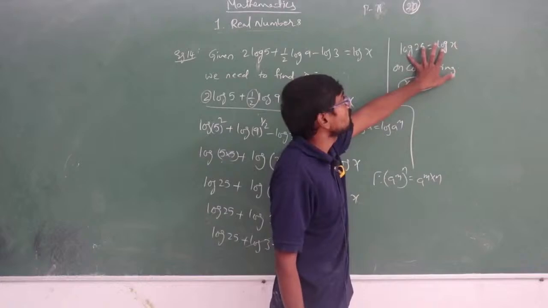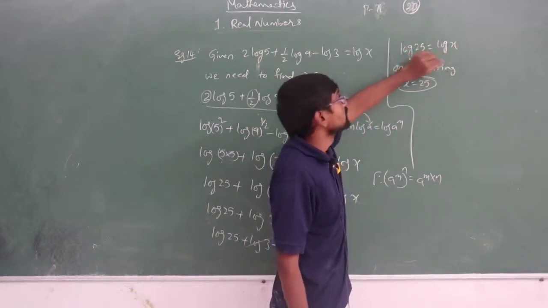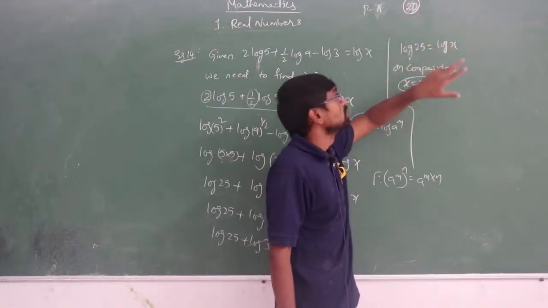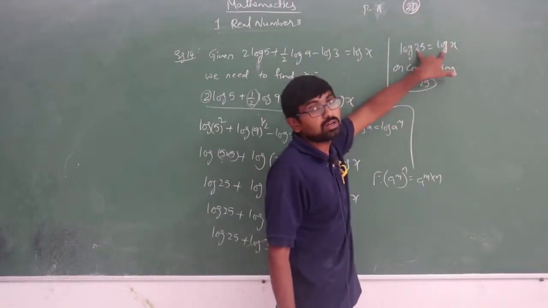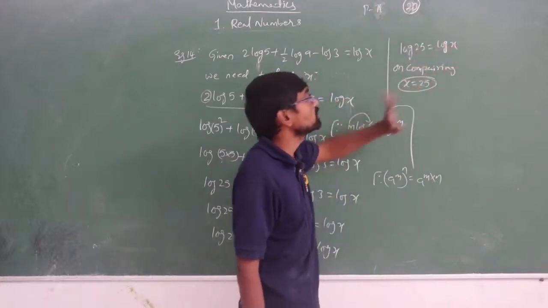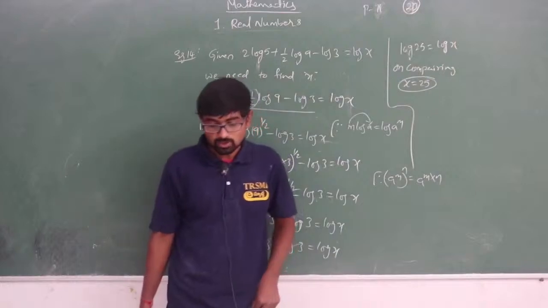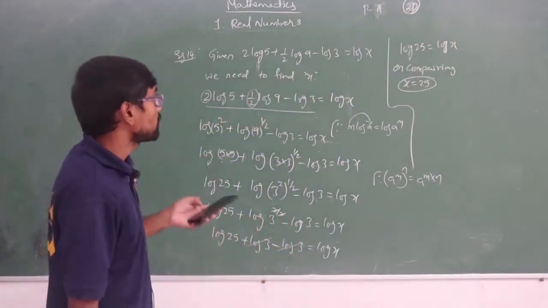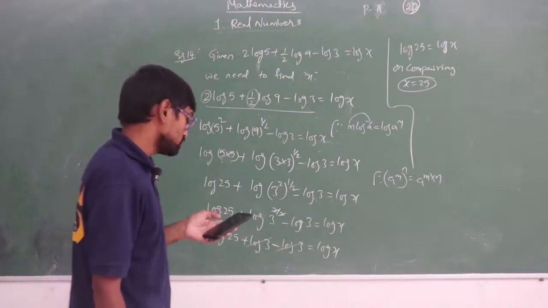So these both seem to be the same. Log of something, log x value. So this something value is equal to x, as they both represent the same. Therefore x value is equal to 25. Okay, so this is how you will solve the problem which is given in such form.